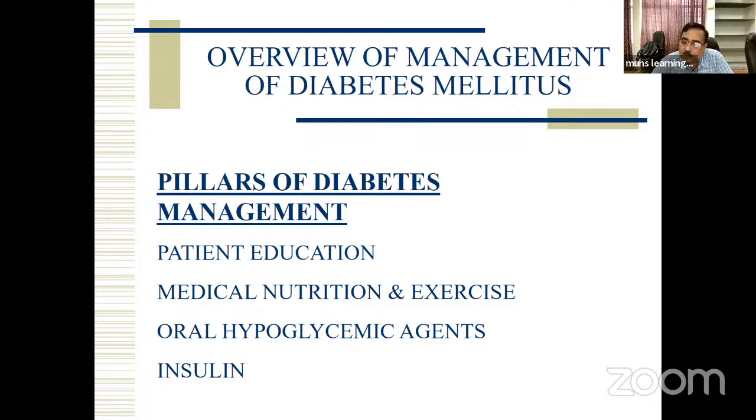Now comes medical nutrition therapy and exercise. Medical nutrition therapy and exercise can reduce the HbA1c by 2%, which means it can reduce the sugar by 30 milligram per deciliter with this alone. On top of that, hypoglycemic agents in type 2 diabetes and gestational diabetes mellitus have shown tremendous benefit to the population.